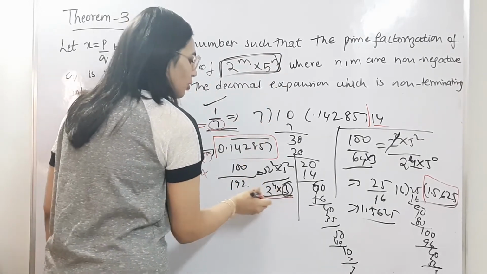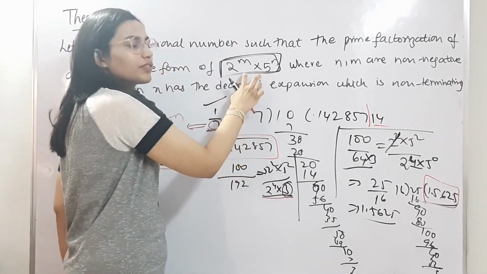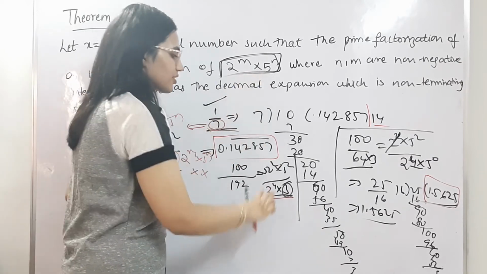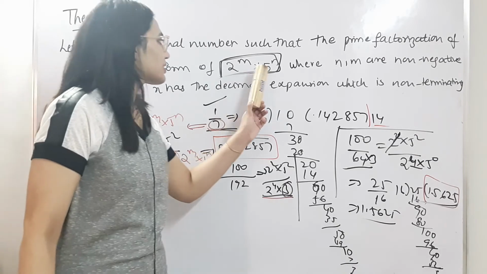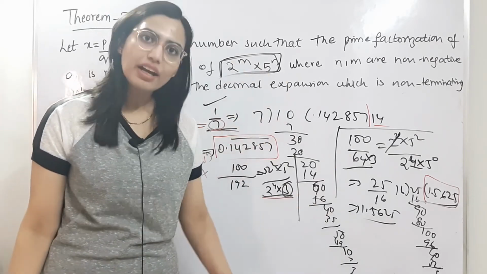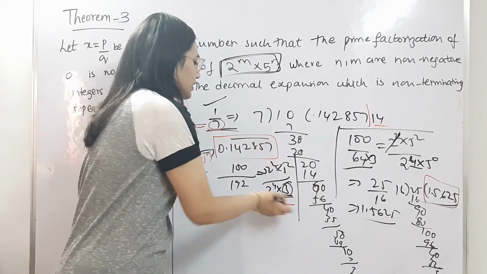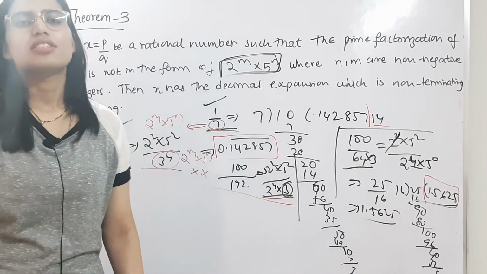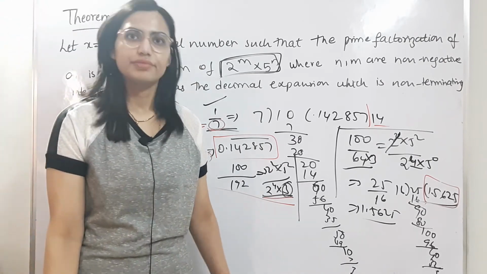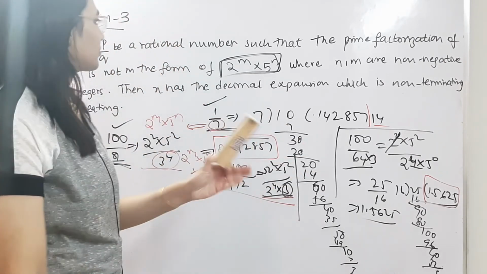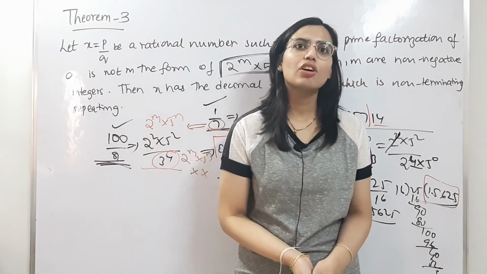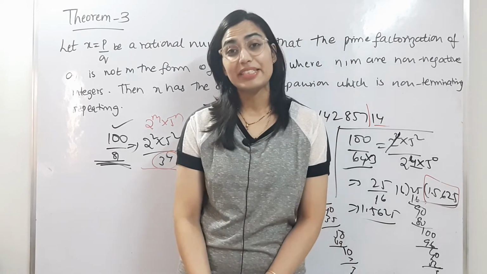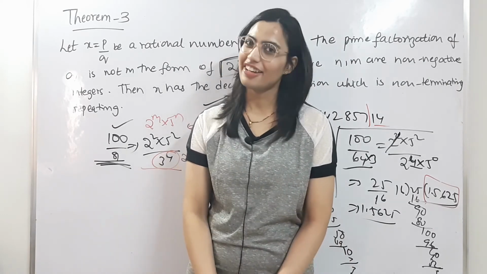That means the denominator should have only the combination of these two prime factors. Here we have 3, which is out of the boundaries of 2 and 5. In that case, you can say that this number is non-terminating but recurring. This is what this theorem is saying. This is how you can prove whether the decimal expansion of rational numbers is terminating or non-terminating but recurring.